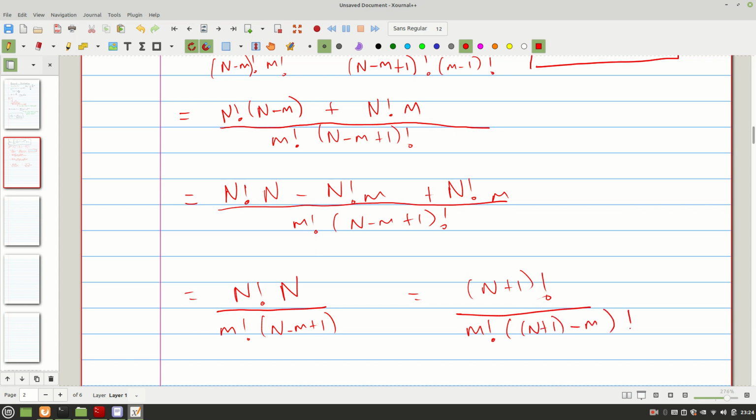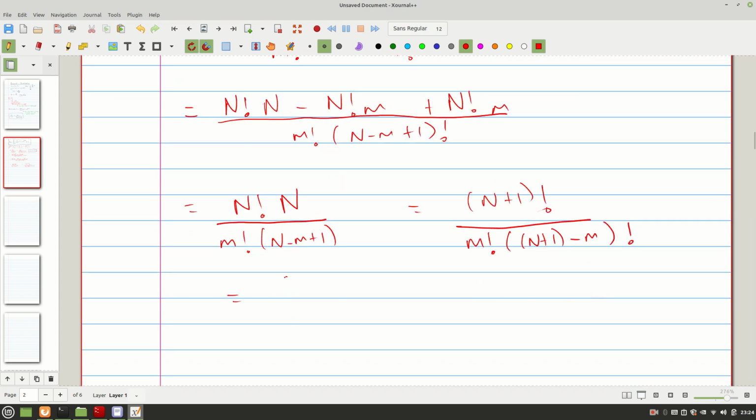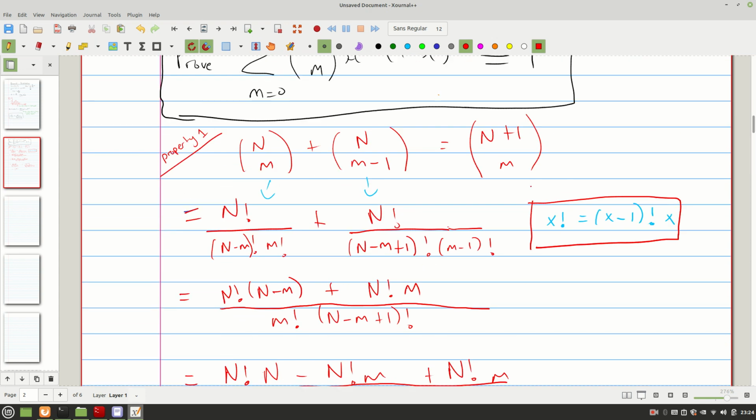I'm writing it this way so that it's very clear that this is actually equal to n plus 1 choose m, right? So we've proven this property here.